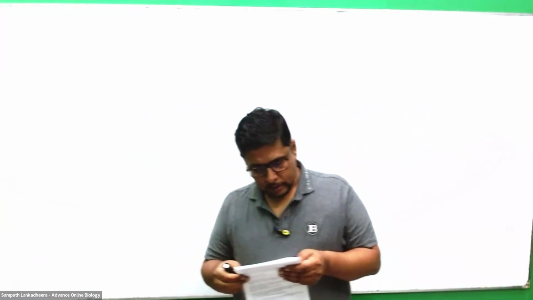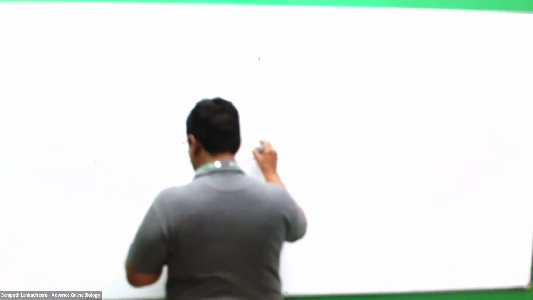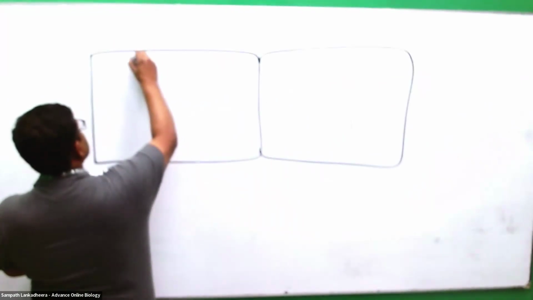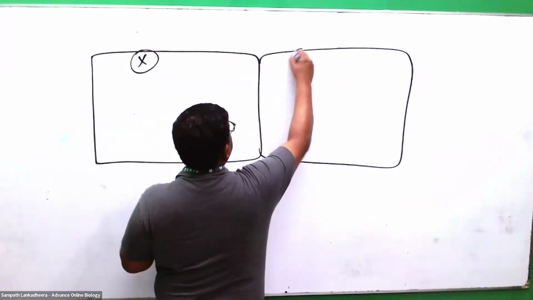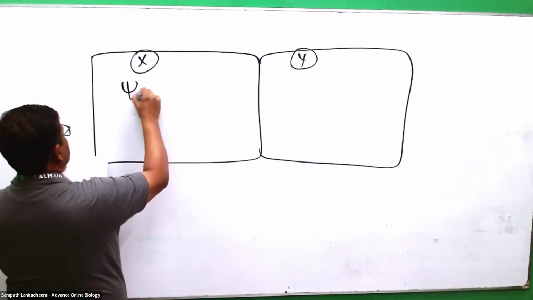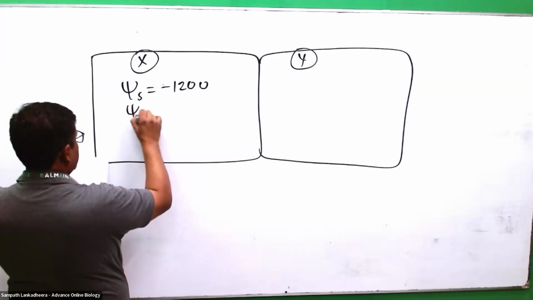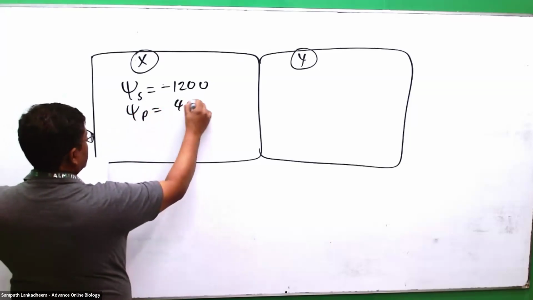The following diagram represents the water potential value of 2 adjacent cells in a plant tissue. One is cell X, the other is cell Y. Solute potential of cell X is minus 1200, psi P is 400.